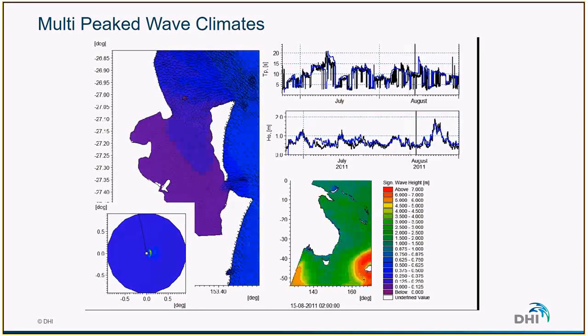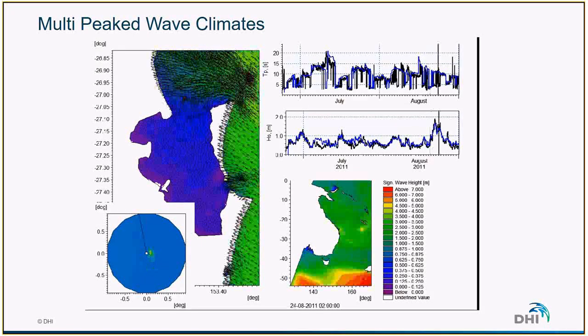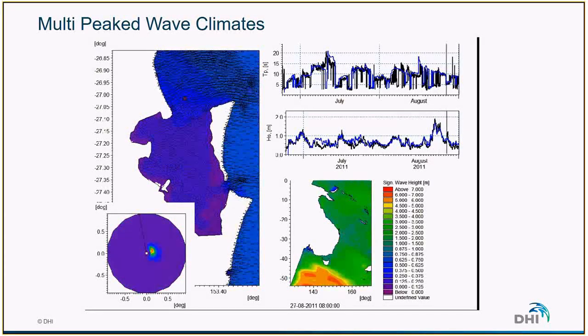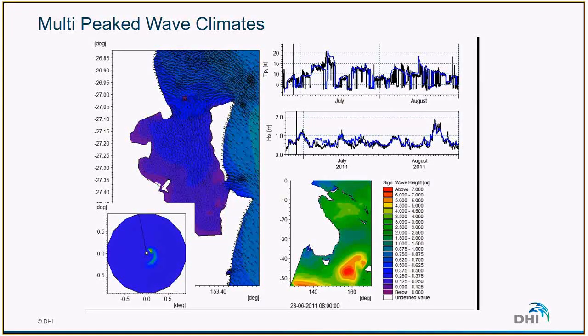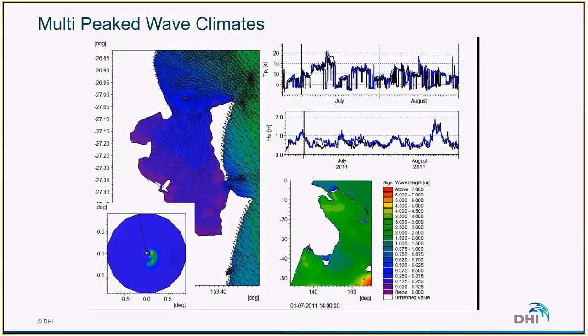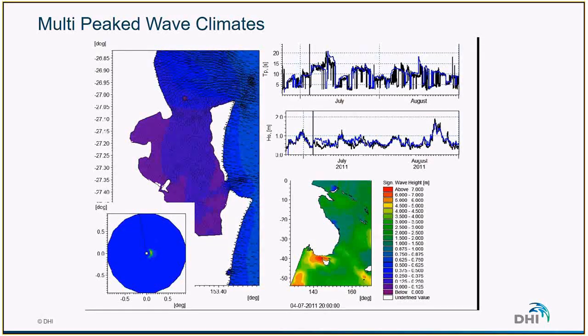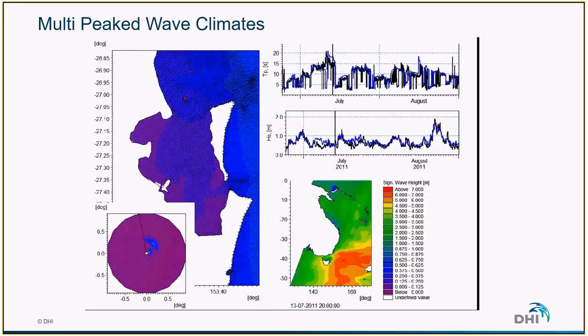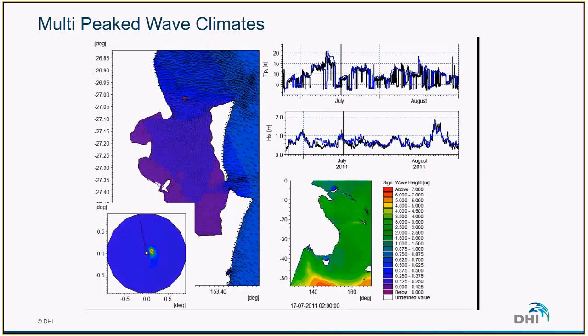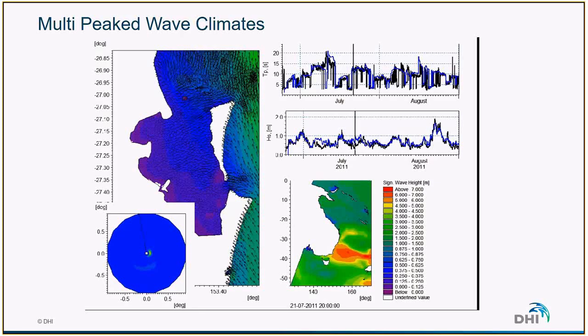In the bottom left, we have a representation of the wave energy spectra, depending on the direction and the frequency. What we see here is that when the color is red, there is a peak of energy. And we can see that at some specific times, we have peaks of energy coming from different directions.